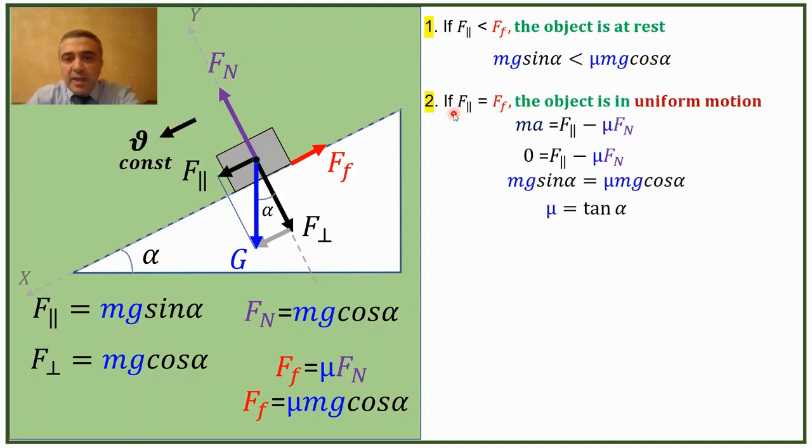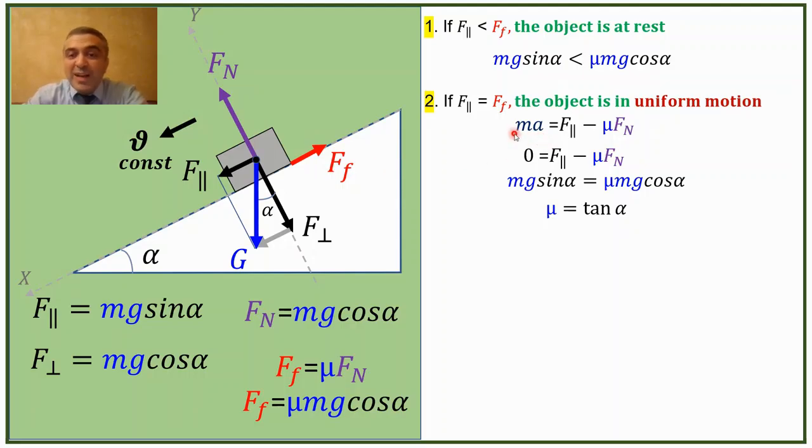And the second case is force parallel equals the friction force. In this case, the object is in uniform motion, so the velocity of the object is constant.